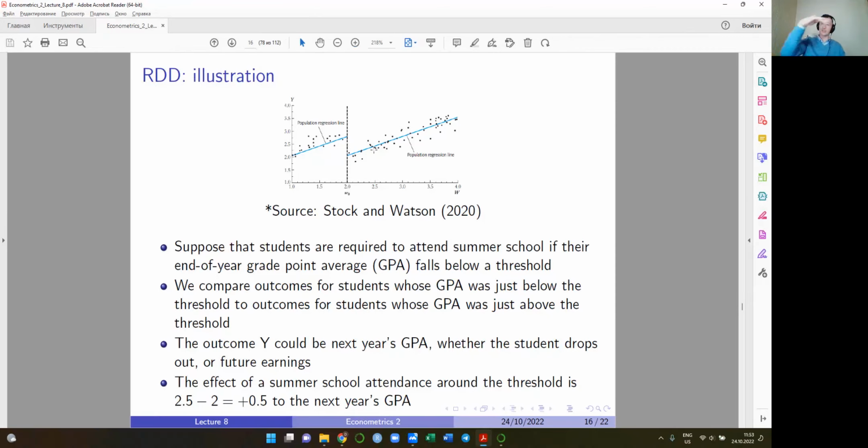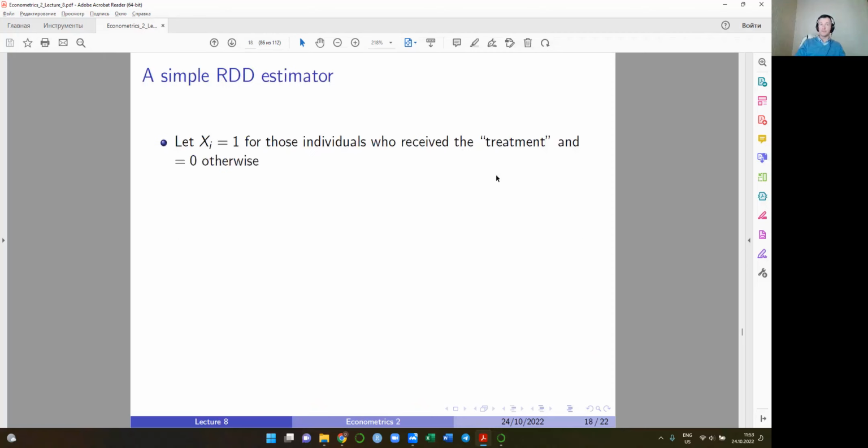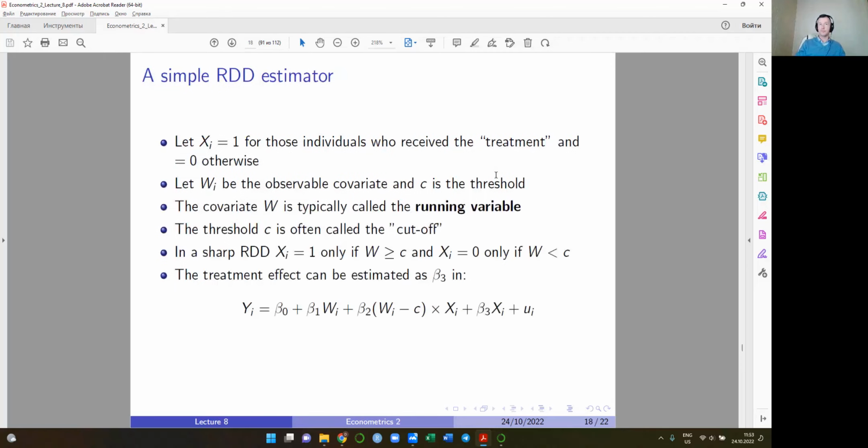You need to shift this line to the left to compare the intercept here with the intercept here, right? So that's why you want to shift all this part beyond the threshold to the left. That's why you subtract c. That's why you do this. There are some other methods to do the same. So I have chosen the most simple and the most understandable.